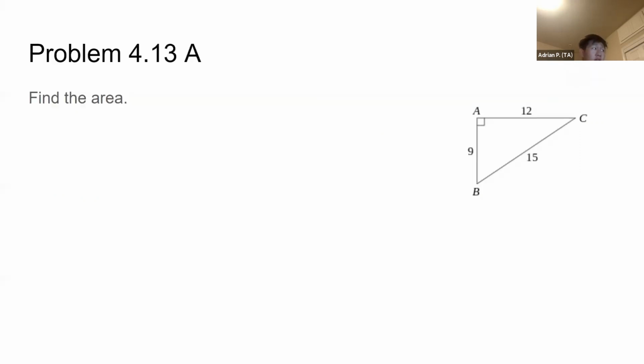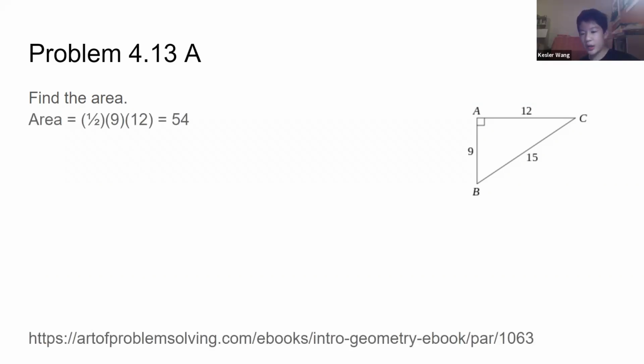Okay, 10 seconds. What's the area? 54. Actually, yeah, area is base times height divided by 2? Isn't it 9 times 6, which is 54? I just did not look at the solutions.